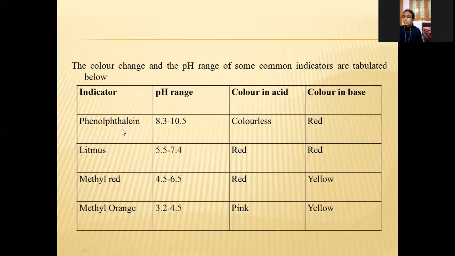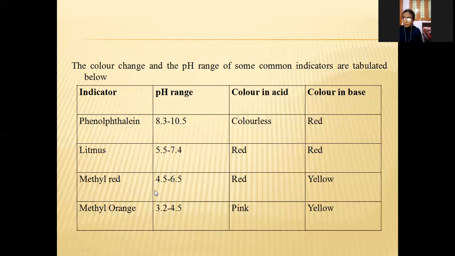See here, phenolphthalein pH range is 8.3 to 10.5; color in acid is colorless, color in base is red. Litmus pH range is 5.5 to 7.4; color in acid is red, color in base is blue.